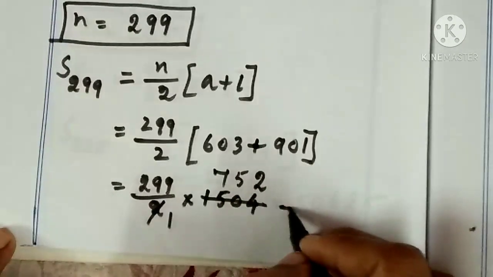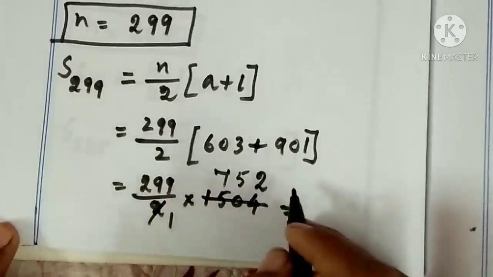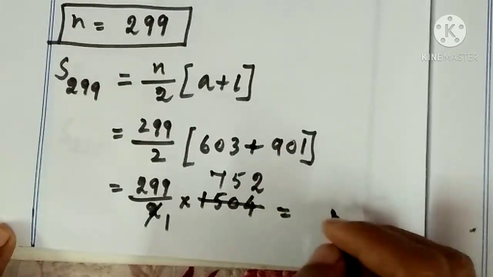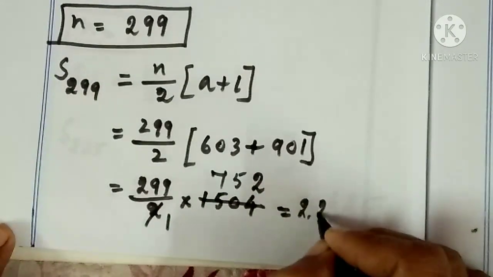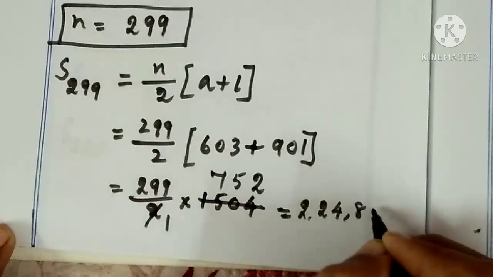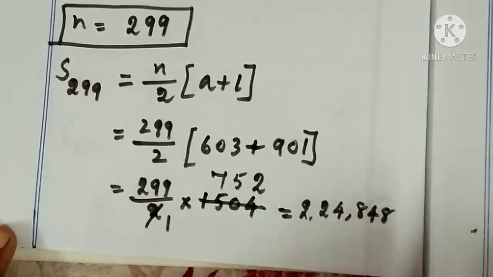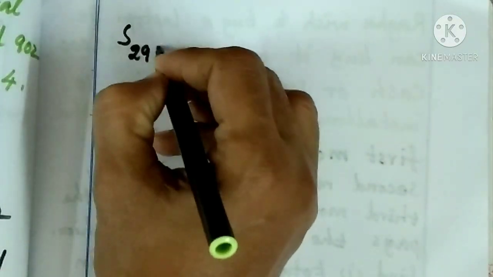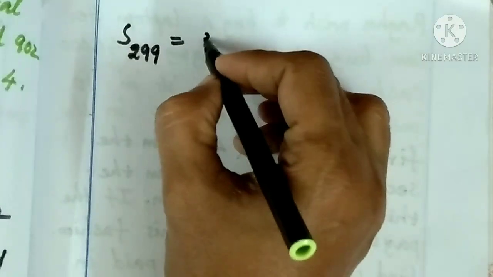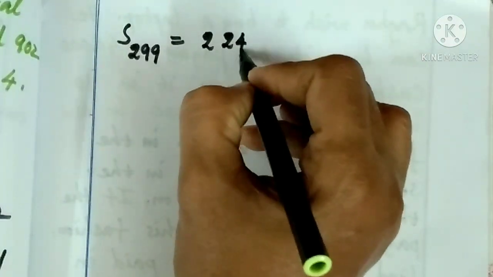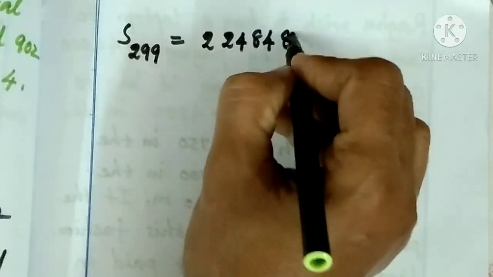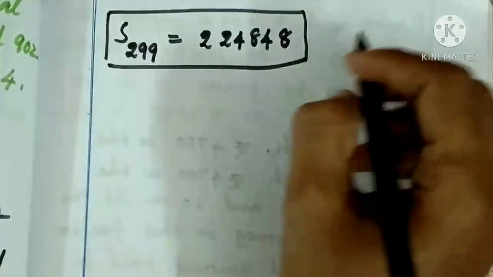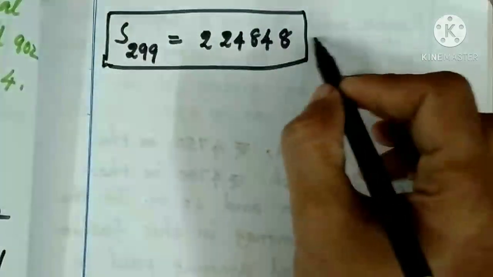That is 299 into 752 is 2,24,848. That is, the value of S299 is equal to 2,24,848. This is the answer for the total sum of the given numbers.